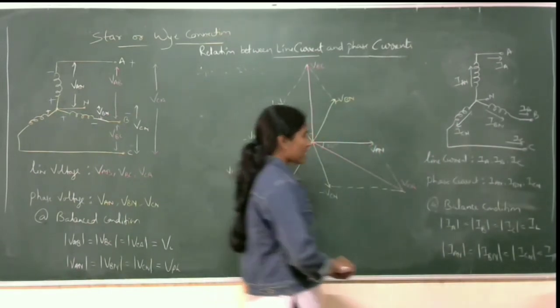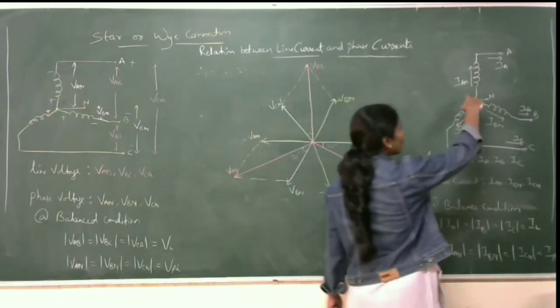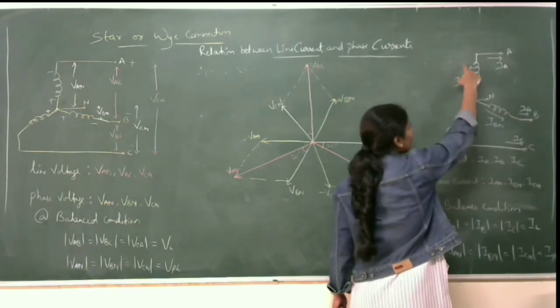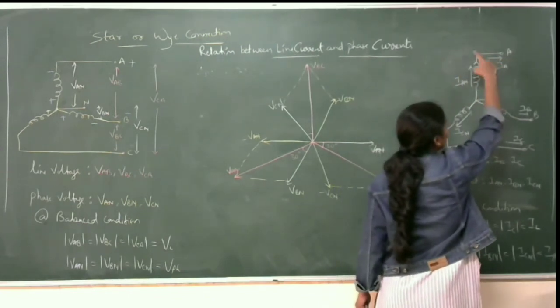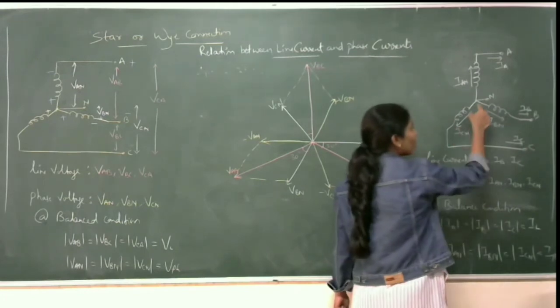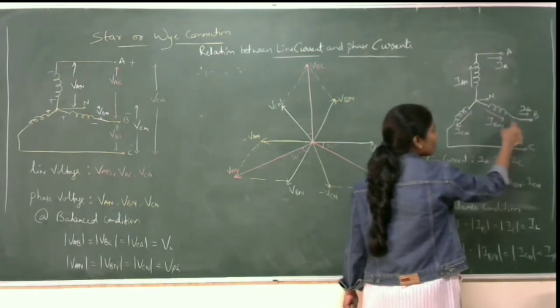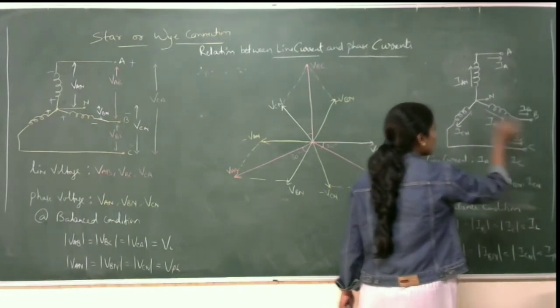Now in this diagram, you can see that whatever current is flowing through the phase, that same current is going to flow through the line also, in all the windings. See, this is my phase current, and the same current is going to flow through the line current.